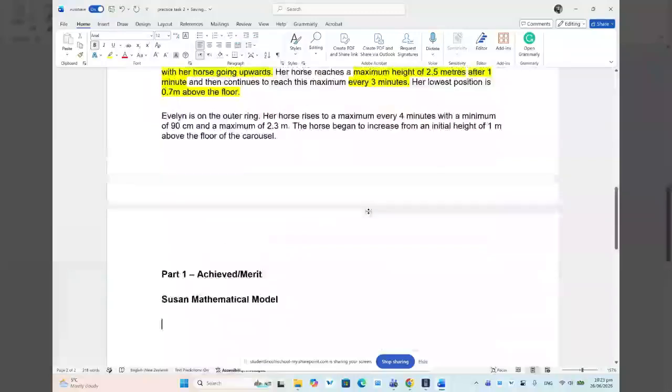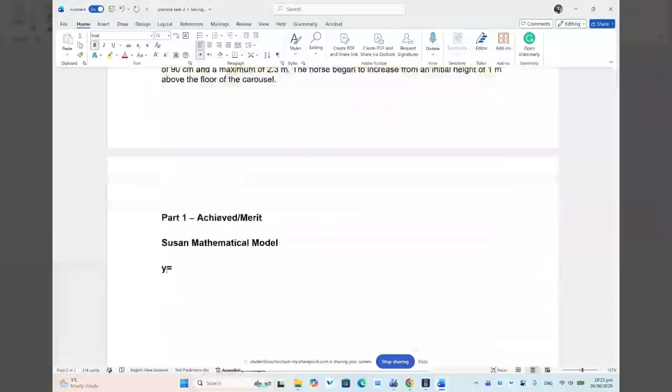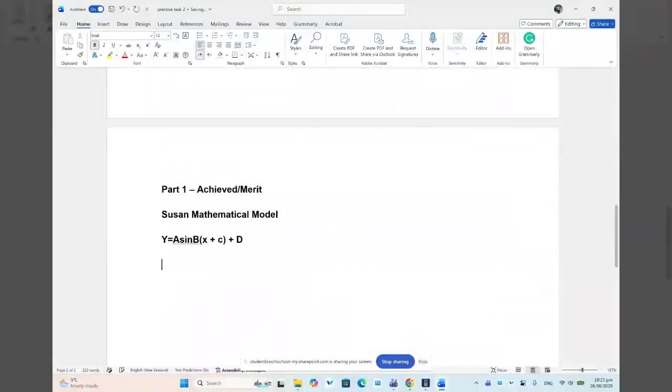So it's usually in the form y equals a sine(bx plus c) plus d, right? So remember, a is the amplitude, b is found by doing 2 pi over the period.